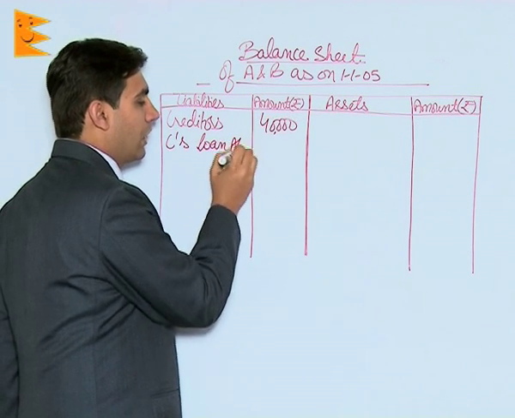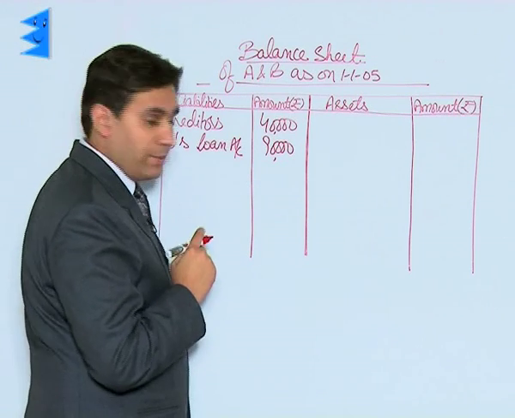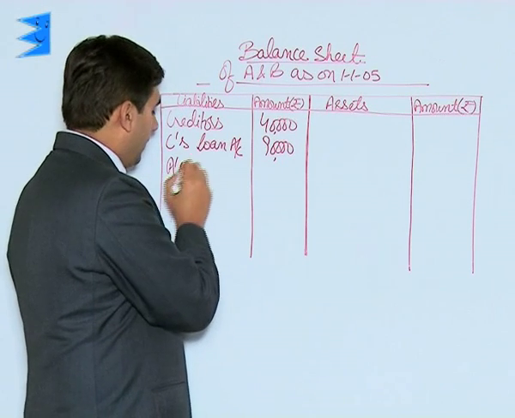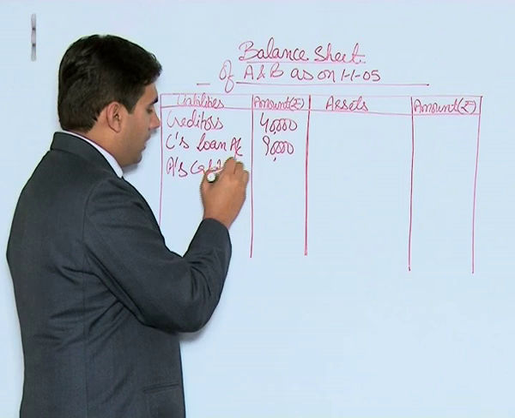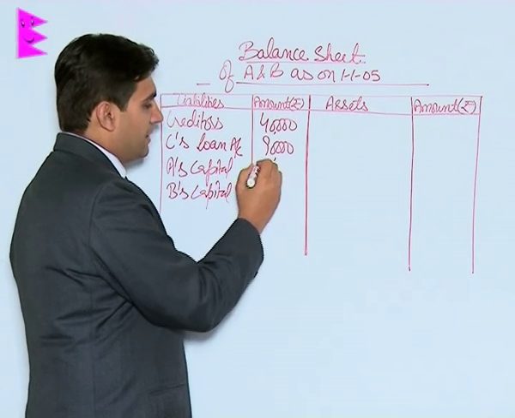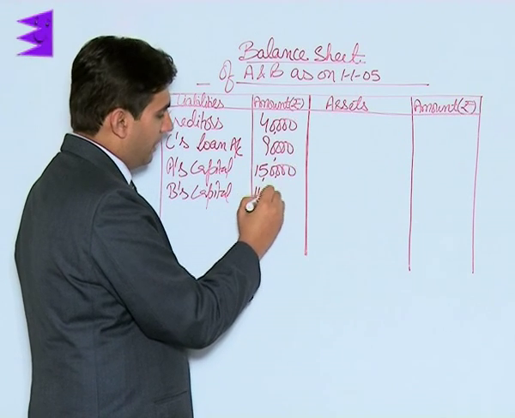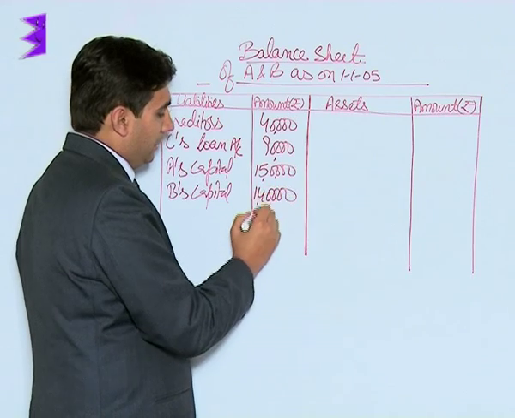So C's loan account has a balance of 90,000 which appears on the liability side. Then A's capital account and B's capital account. A's capital had a closing balance of 1,50,000 and B's capital had a closing balance of 1,40,000.